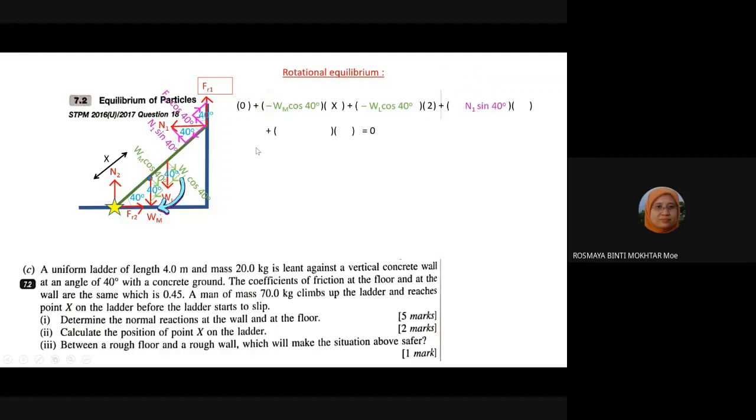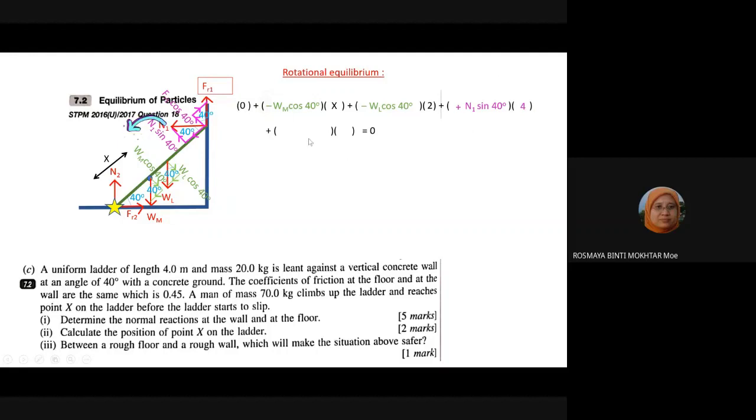Okay, and then N1 sin 40 degrees. So it will make anti-clockwise. The direction is this way, right? So for the fixed point as the axis of rotation, it will make anti-clockwise, so it's positive. Then times the distance. The distance of N1 is here, so the distance is the length of the ladder, which is 4 given in the question, 4 meter.